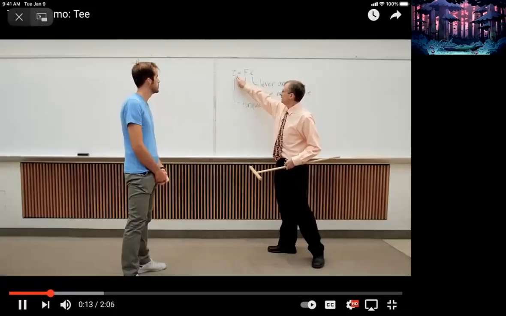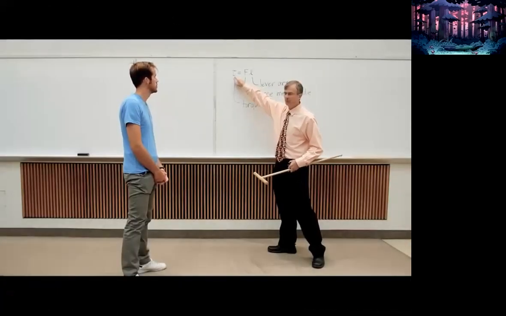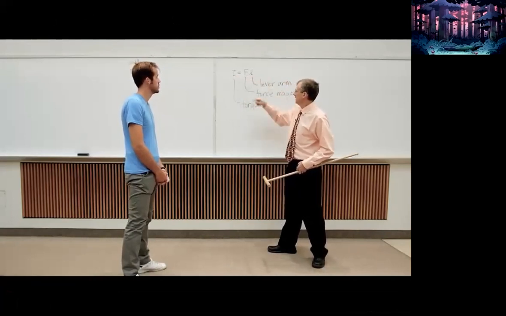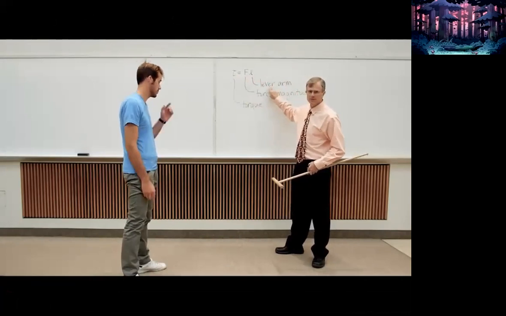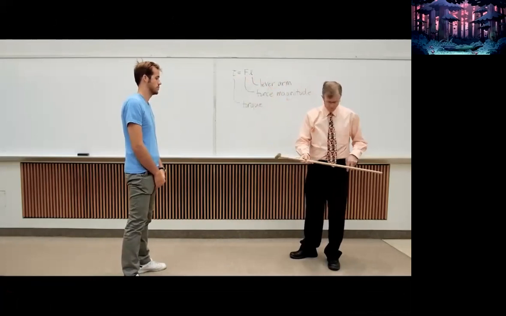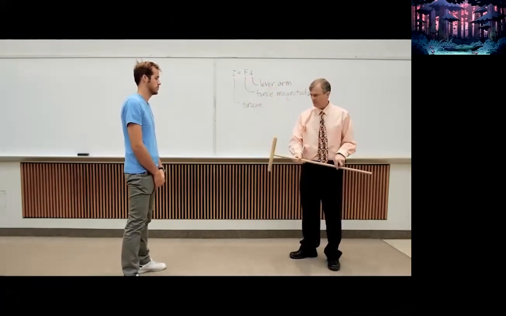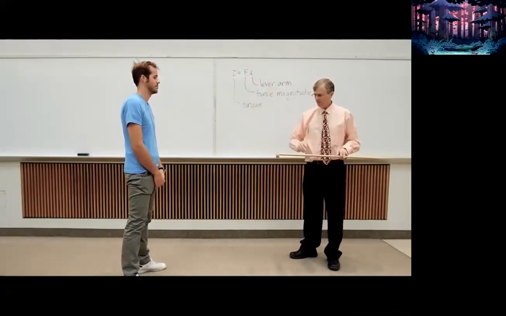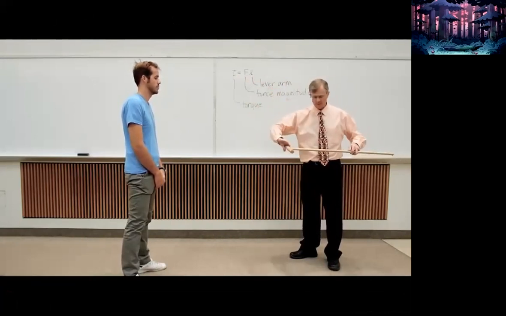Torque is given by this Greek symbol tau. It's the product of the force magnitude and the lever arm, which is a distance measured in meters. So what I'm going to do is hand this T-shaped piece of wood to my able assistant Parker, who will grip the wood with his hands.